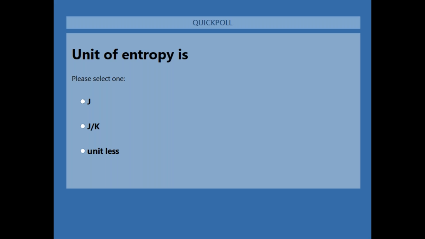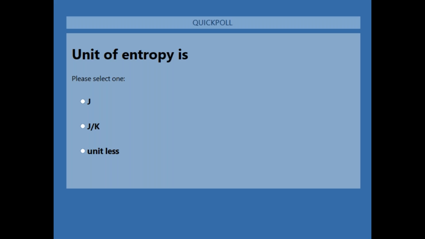The entropy change is given by ds equal to del q by t, and the unit of q is joule, and the unit of t is the temperature in Kelvin. So obviously the unit of entropy is joules per Kelvin.